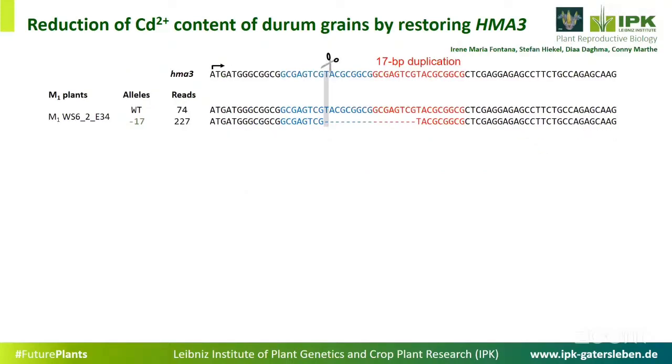So, and first we checked in a protoplast system, and we were astonished how many of the mutations we obtained were exactly these 17 nucleotide deletions.